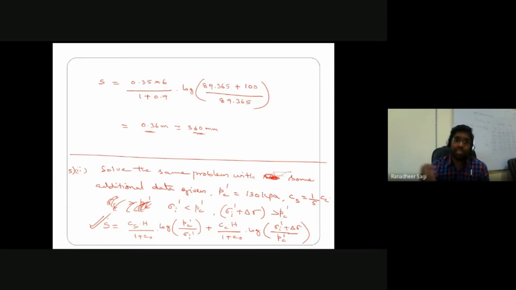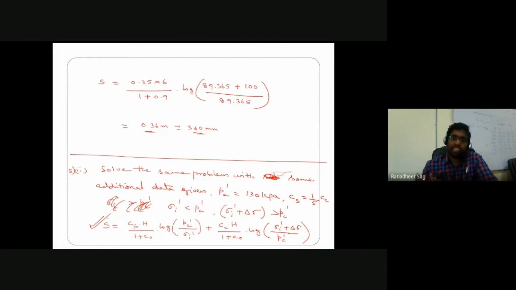Left means the values are less than the pre-consolidation pressure, and right means they are greater. If both values are less than the pre-consolidation pressure, I can simply use the expression of settlement only with the term containing your Cs.